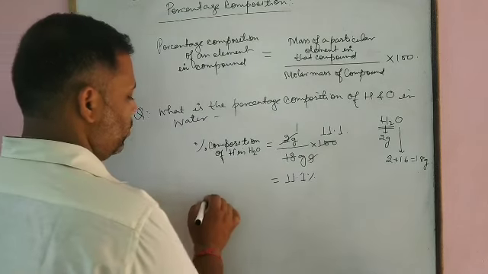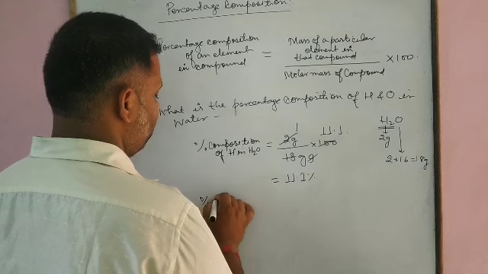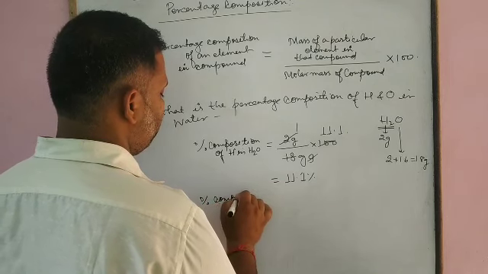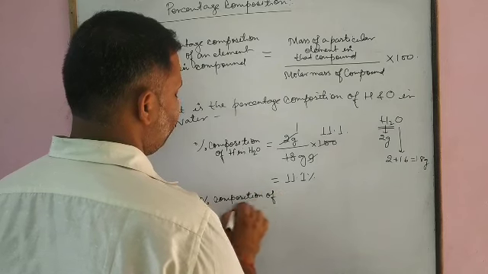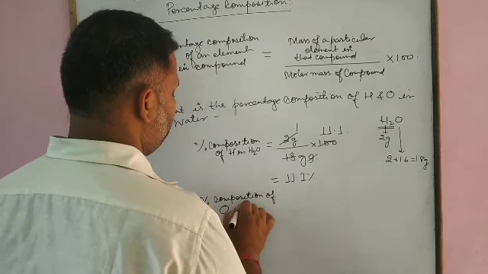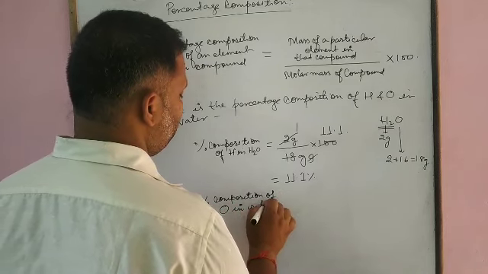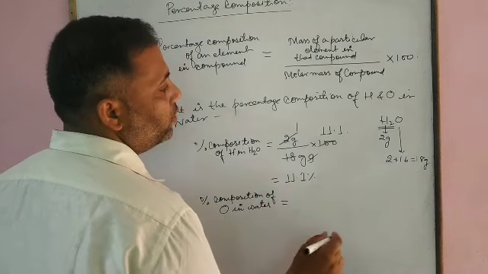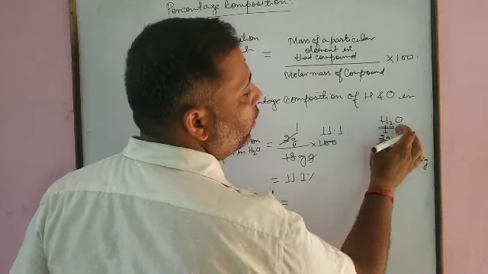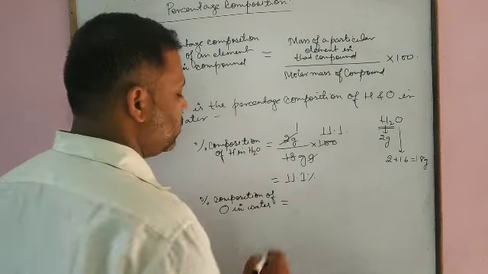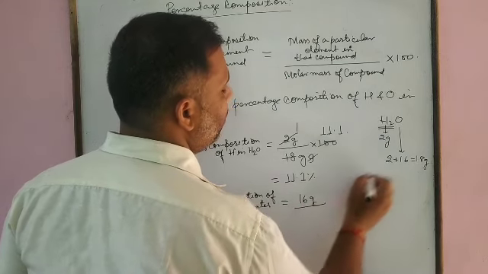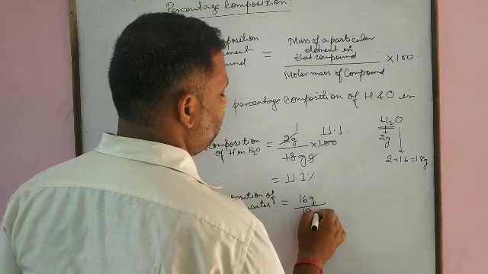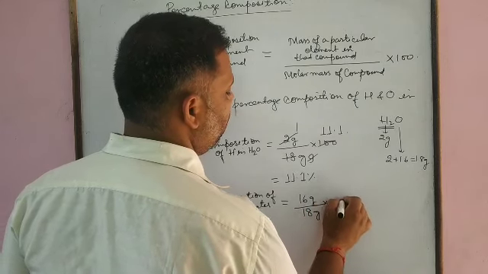So the next, if we want to get the percentage composition of oxygen in water, let us know it. Percentage composition of oxygen in water. We know water contains only one oxygen atom and its mass is equals to 16 gram. What is the molar mass of water? It is 18 gram multiplied by 100.